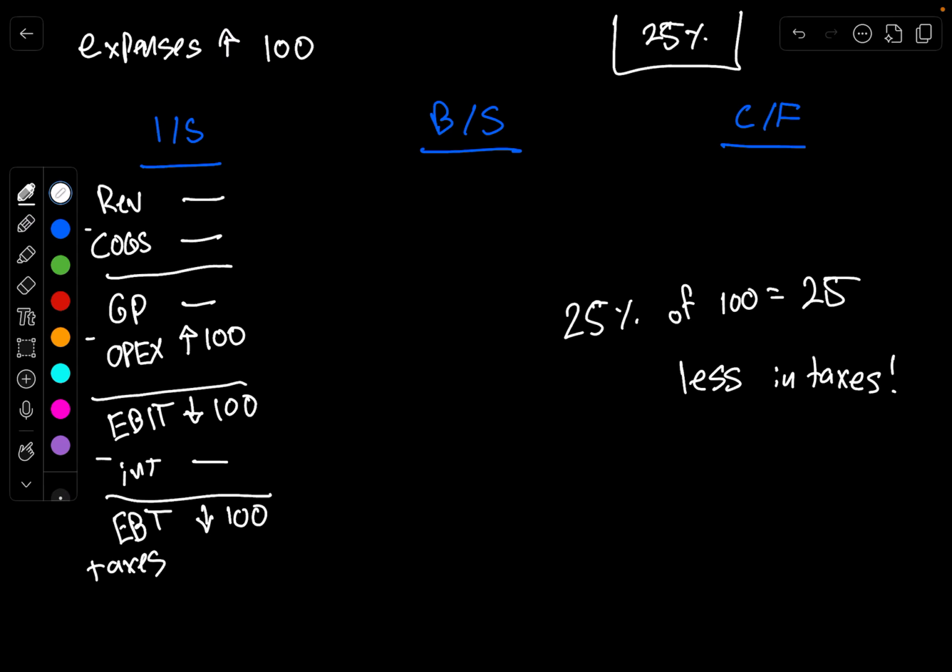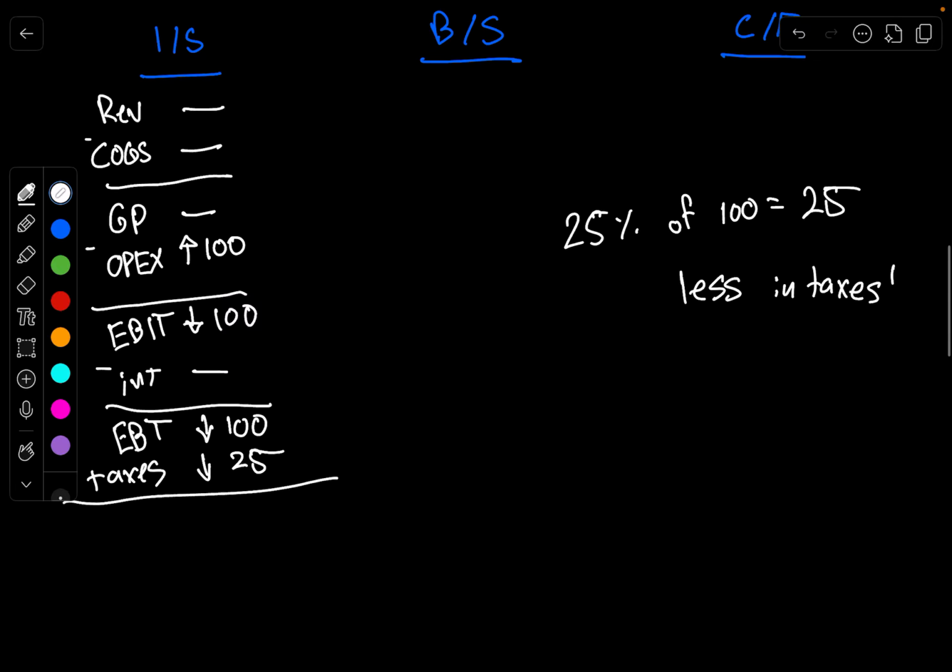Because that is $100 that you essentially didn't make, meaning that because you didn't make that money, you don't have to pay taxes on that money. So because we recognized $100 more in expenses, our taxes are actually going to be down by 25, right? We're paying $25 less in taxes.